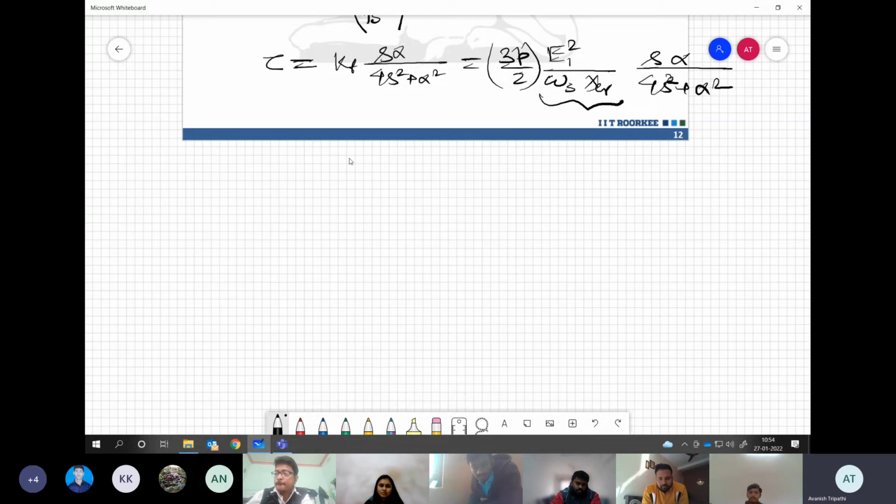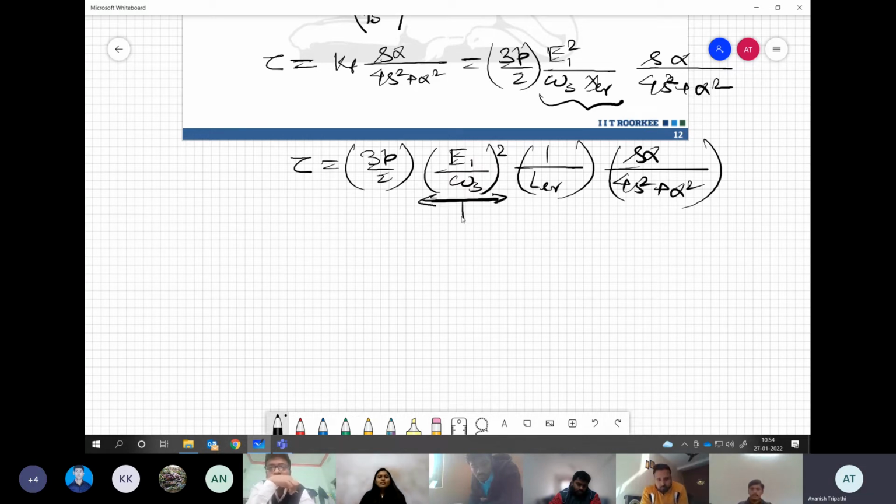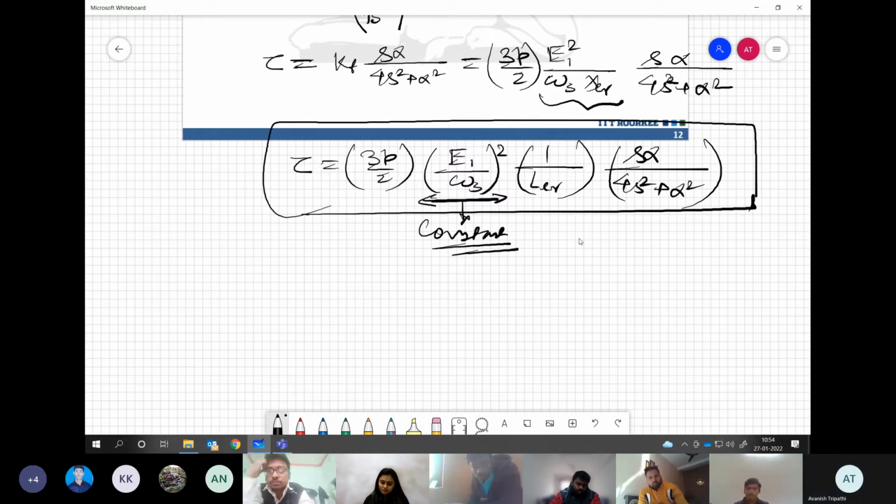So I can take out another omega s from here and it can be written as 3p by 2 times E1 by omega s whole square, divided by LLR, times S alpha by 4s square plus alpha square. Which means that if you maintain this ratio constant by some arrangement, your torque characteristic is not changing. This constant value is maintained at Kt. Do you see this point?